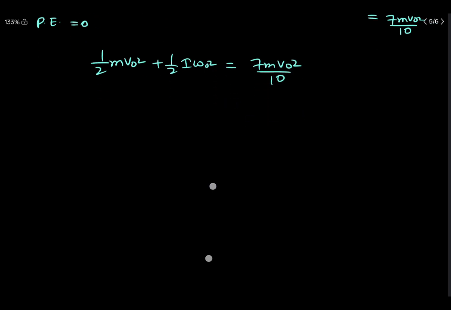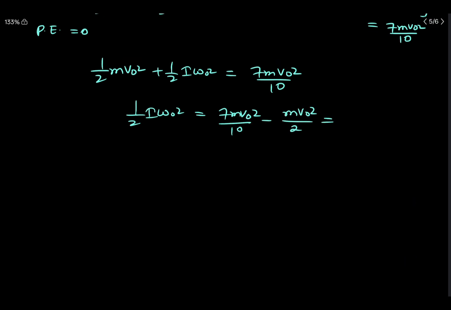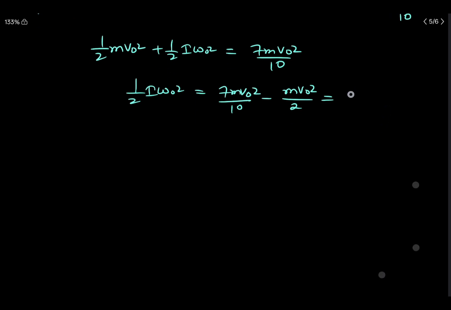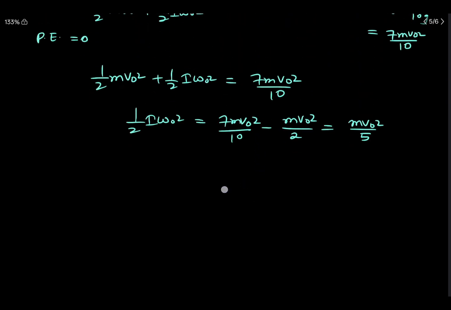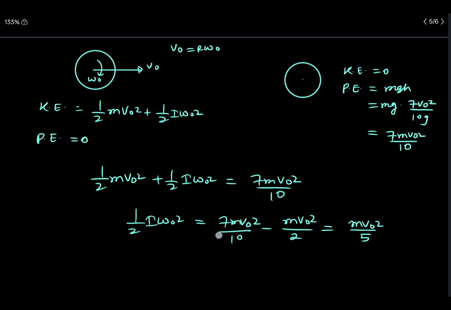Now you just simplify and try to find out the value of I, because if I know the moment of inertia, I can know the nature of the body, right? So this will be m v naught square upon 5. If I find the value of I from here, I have omega also in the equation, right? So omega can be substituted as v naught by r.